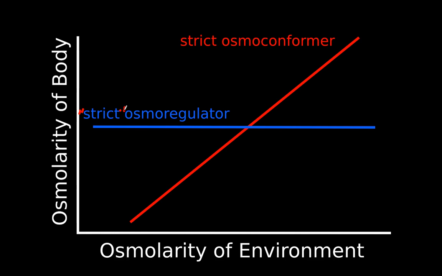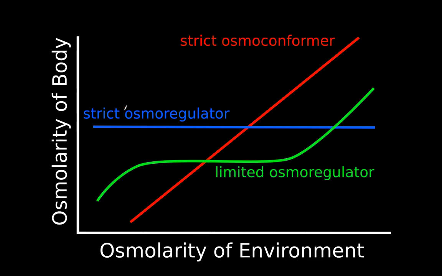There's some gradation between these two different extremes in strategies, and really most things fall into some sort of limited osmoregulator here, where what we see here is an area in which it very well maintains or very well regulates its osmolarity, but outside that range, it loses that ability to regulate its osmolarity, and it will begin to vary with the environment rather than being regulated within some sort of certain bounds.